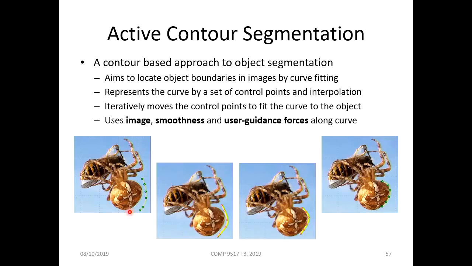So it's a sparsified version of the problem. So it's a curve fitting problem, basically. You represent the curve by a set of control points, the rest is interpolated, and you iteratively move the control points towards the contour that you're interested in in the image.